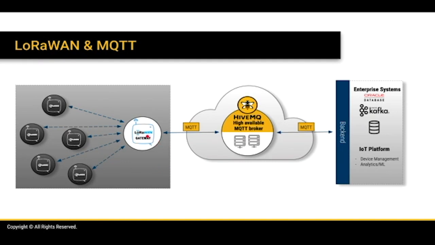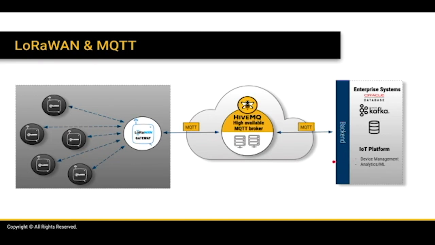Now, from the gateway over MQTT, you can forward your data to your MQTT broker, and any other client, which could, for example, be a powerful backend on your on-premise, can be connected to the broker as well and receive the data.